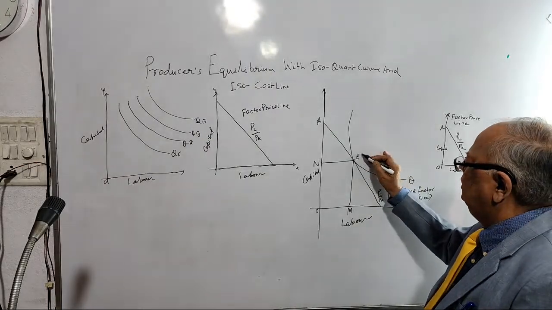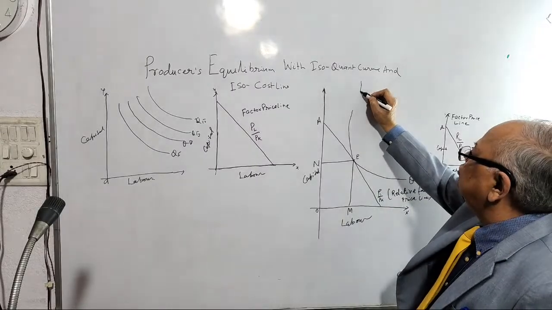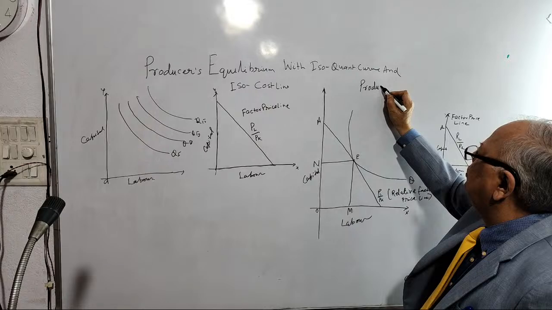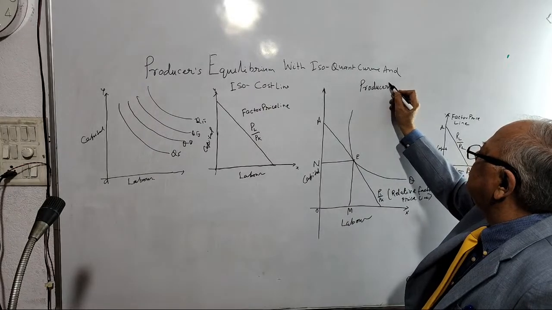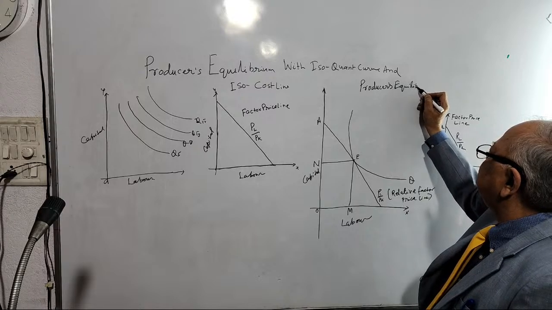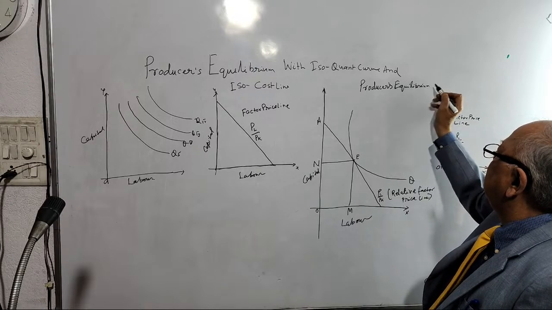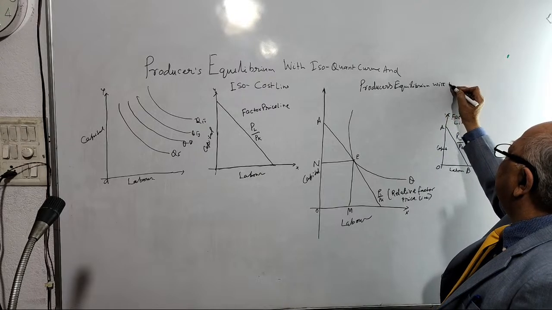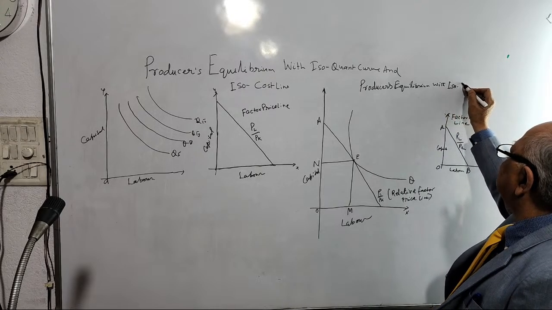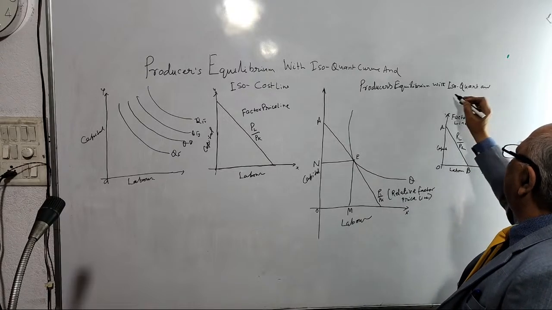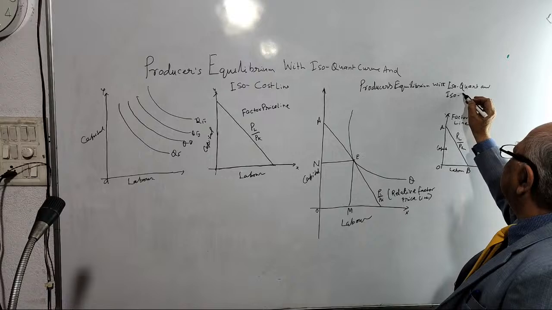This is called producers equilibrium. इसको क्या कहेंगे? प्रोड्यूसर्स इक्विलिब्रियम with isoquant and isocost line.